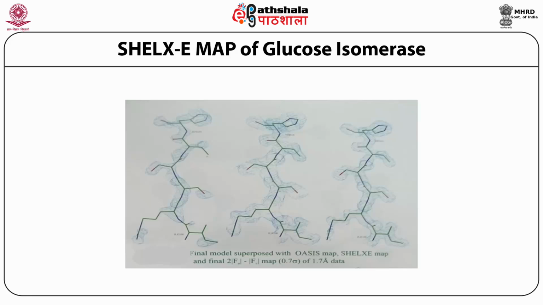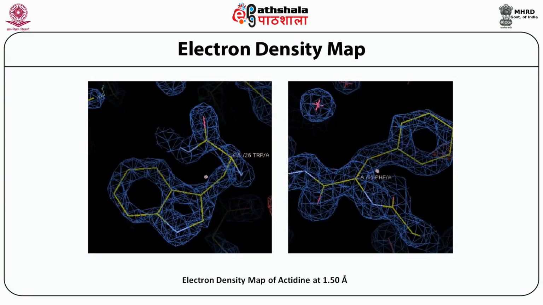So the first 2 maps match with the actual 2FO minus FC map, validating the efficiency of Y-axis and SHELX programs. This shows the electron density map of actidine at 1.5 angstrom. This shows how clearly the map will look when you have this atomic resolution. At each peak we have a bulge of the electron density.